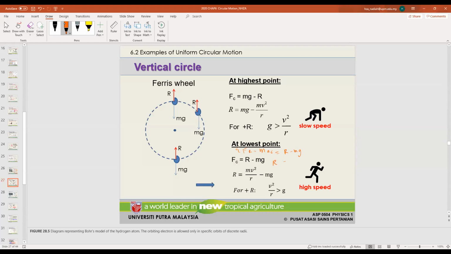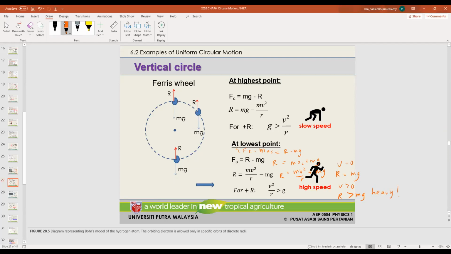Rearranging this gets you R equals MAC plus mg. This means the smallest R that you can have is when your V equals 0. When your V equals 0, your R is just mg. When your V is greater than 0, your R is greater than mg. So you feel heavy.